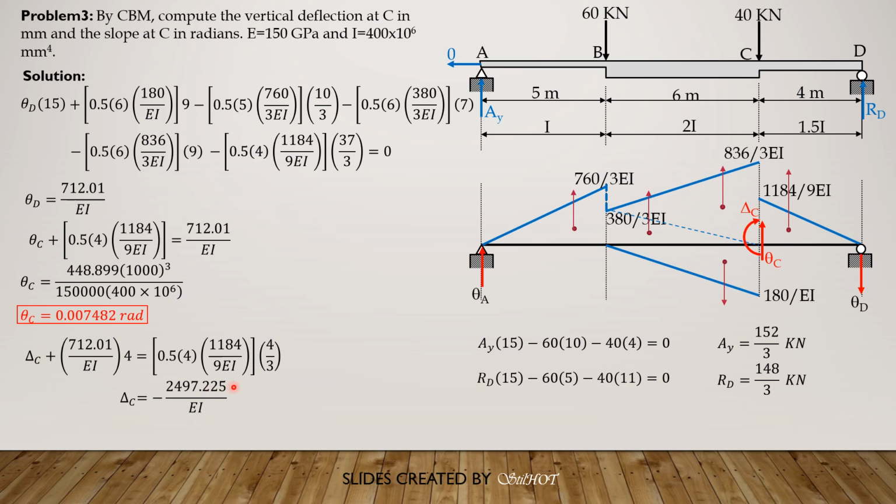Then the numerator is kilonewton meter cubed. For the denominator, we have to convert E to megapascals and I in mm to the 4th. So we simply multiply the numerator by 1000 to the 4th and the denominator E in megapascals and I in mm to the 4th. The resulting unit would be in mm. So delta C is negative 41.62 mm.